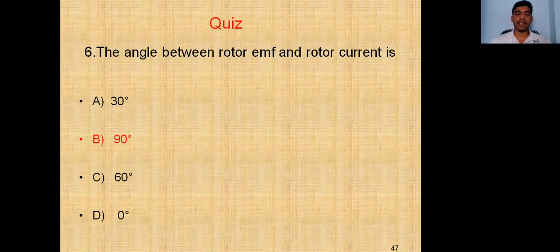It has some resistance, so the angle is nearly 90 degrees, because the rotor is of inductive nature and has reactance.